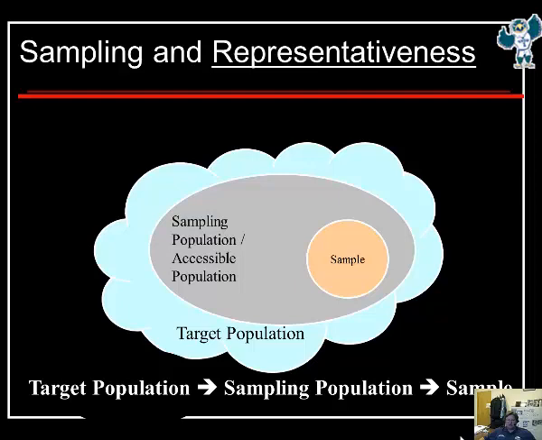So a smaller subset of that population is known as the sampling population or the accessible population. That's still a big number, but it's the number of the population that we can get to if we wanted to. And then the smaller group within that is the sample that we select from that sampling population.